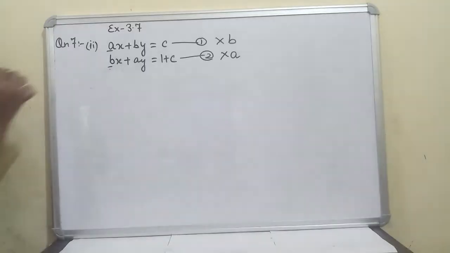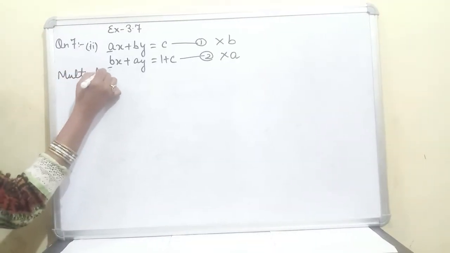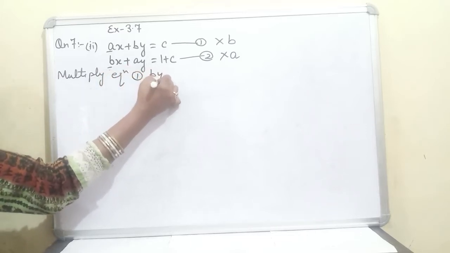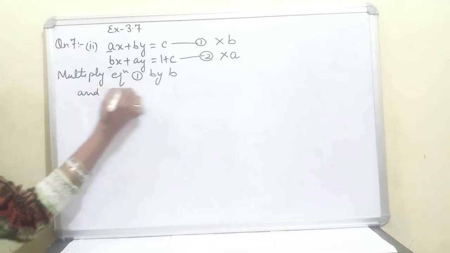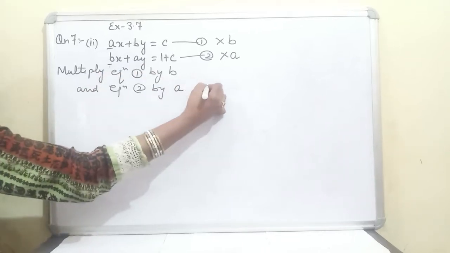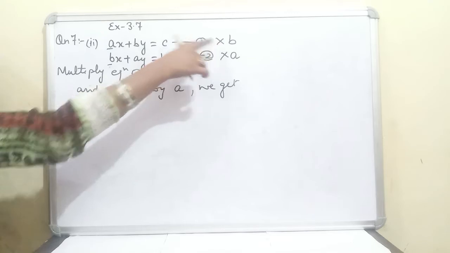So after multiplying equation 1 by b and equation 2 by a, can you tell me what we get if I multiply the whole equation with b?